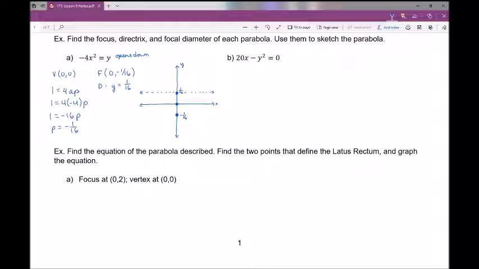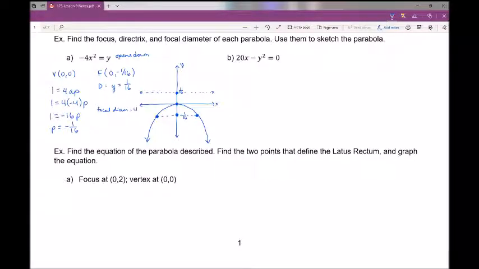So we can draw our parabola opening down. Okay? And the last thing we really need to find are those points that define your focal diameter. So remember, that's the dotted line going through the focus, and we want to see where that intersects the parabola. Okay, so the way that we do this is we look at what the length of the focal diameter is. So the focal diameter will have a length of 4 times p.